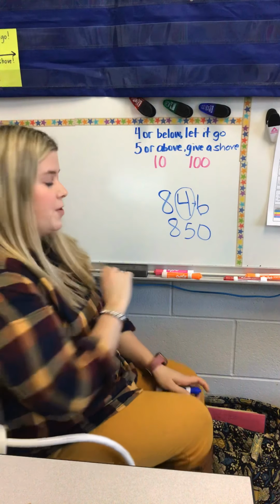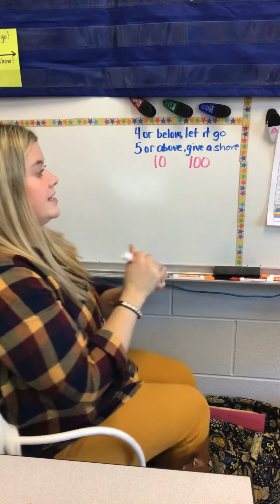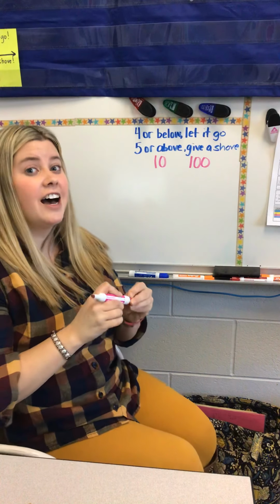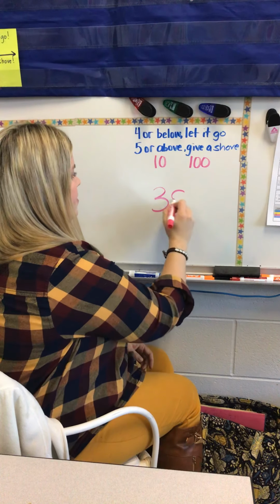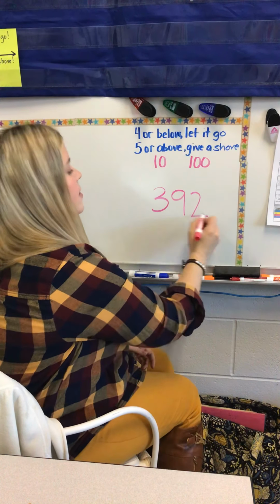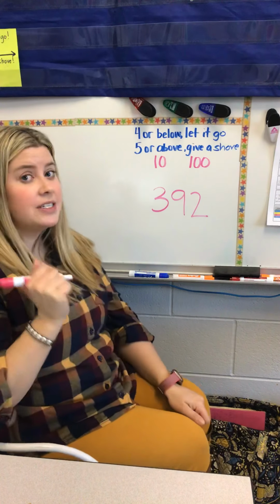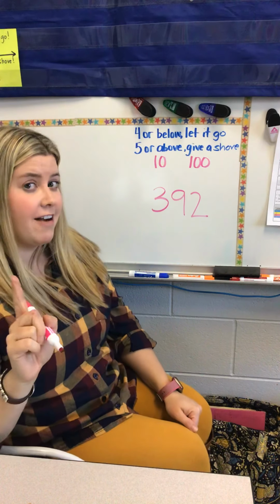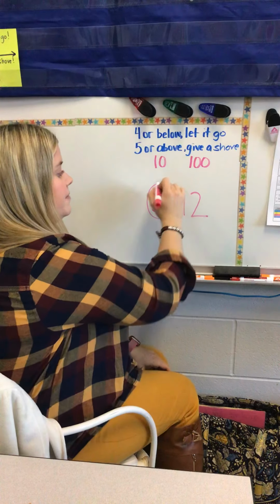All right, let's try one more. This time let's round to the nearest 100. All right, 392. Since I'm rounding to the nearest 100, what place will I circle? Right, the hundreds place.